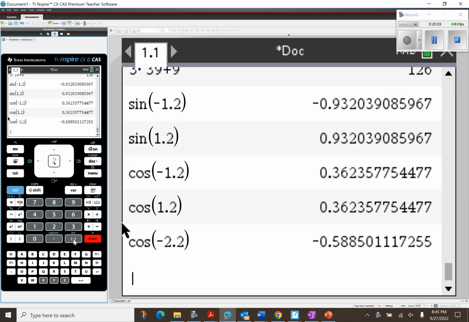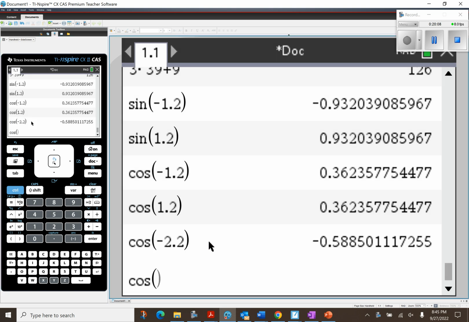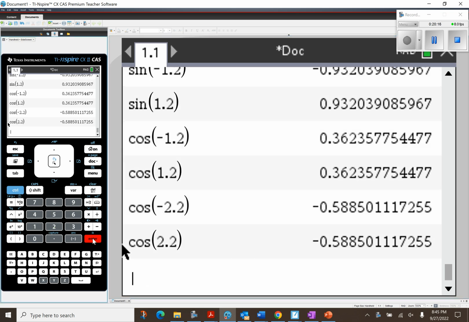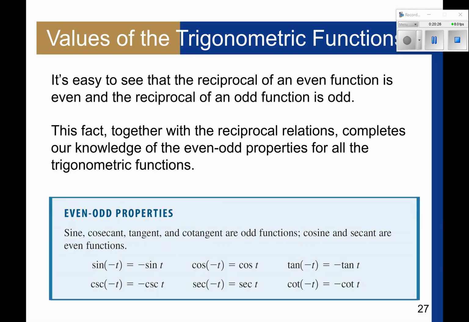I'm going around clockwise, so that's negative. But if I do the cosine of positive 2.2, that'll put me in quadrant 2, and that's also a negative value. So positive or negative for cosine, they're going to be the same. And if we're saying that cosine is an even function, same thing is true for secant. The other four are considered odd functions.